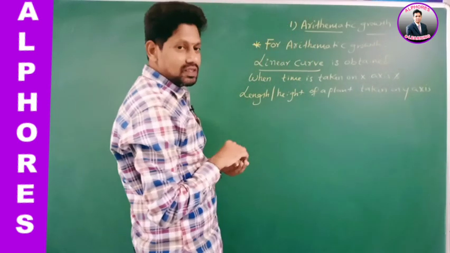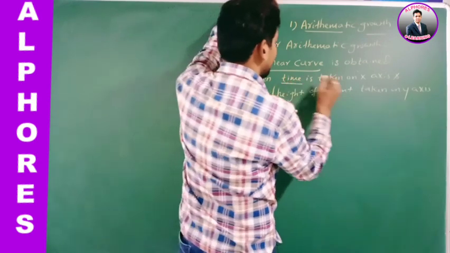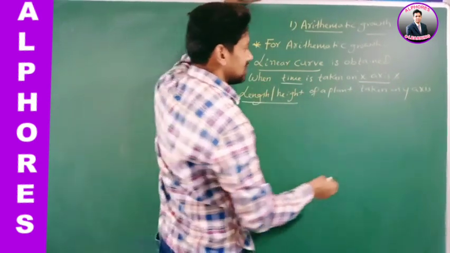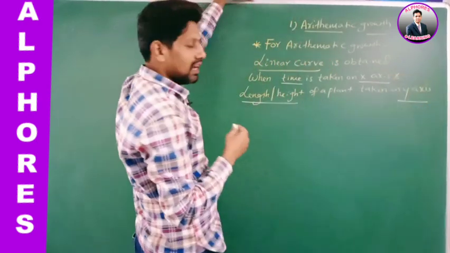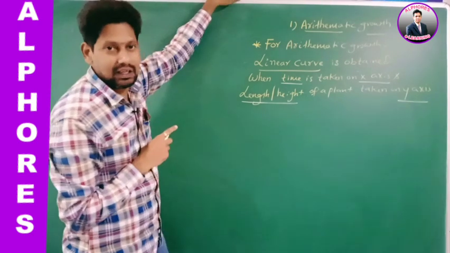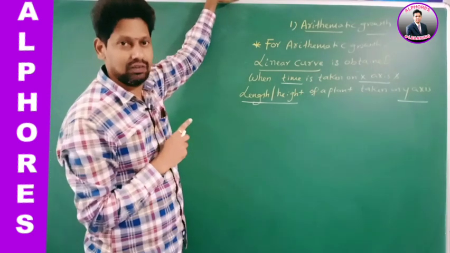See this statement? We are taking time on the x-axis, length or height of a plant on the y-axis, then we are getting which curve for arithmetic growth? We are getting a linear curve.